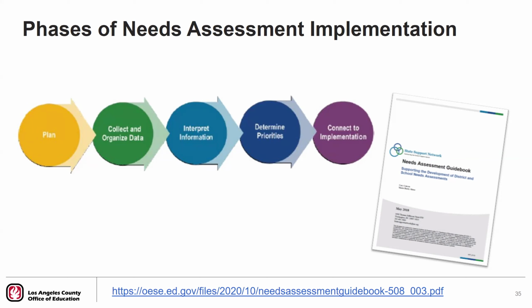This guidebook supports the development and facilitation of a needs assessment and lays out 5 key phases or steps to support the implementation of a needs assessment. And so these 5 steps include planning, collecting and organizing data, interpreting information, determining priorities, and connecting to implementation. The guidebook includes guiding questions and key considerations for each of the 5 steps.